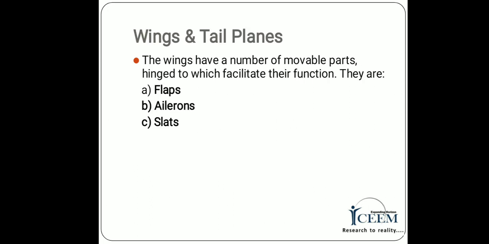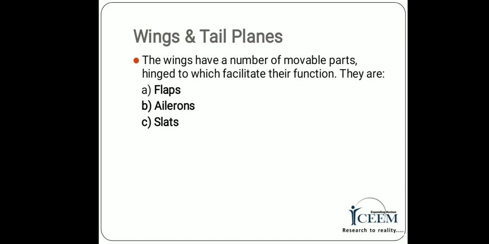Next component part is wings and tail planes. The wings provide the necessary force to lift the aircraft and to support and stabilize the aircraft while in air. Wings contain very important parts such as slats, flaps, and spoilers.